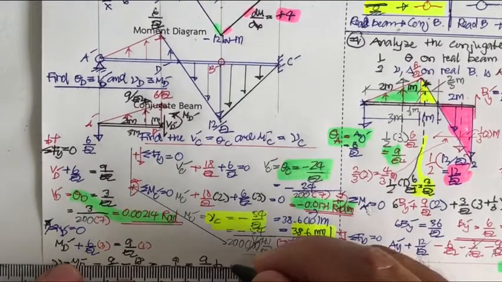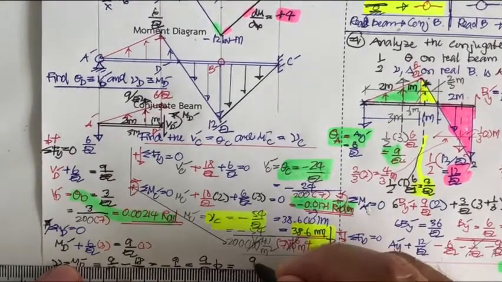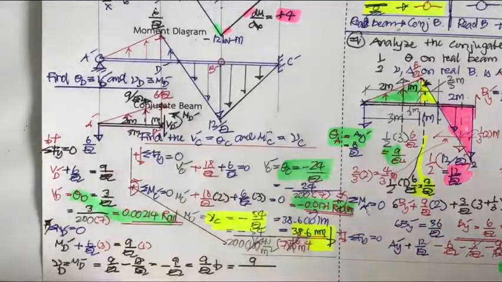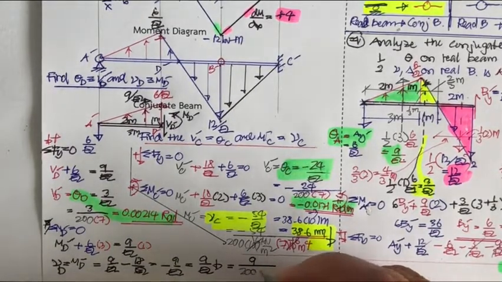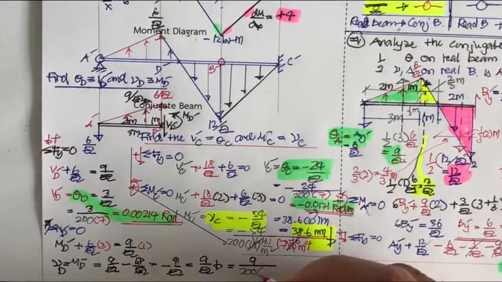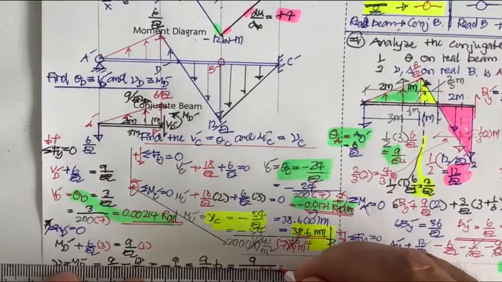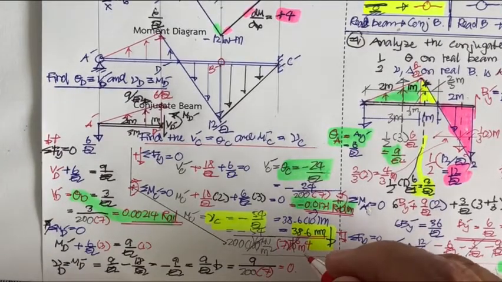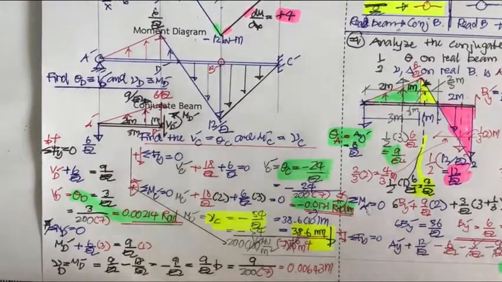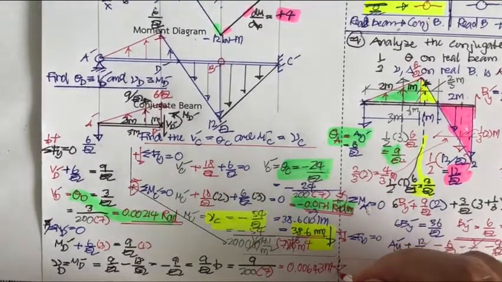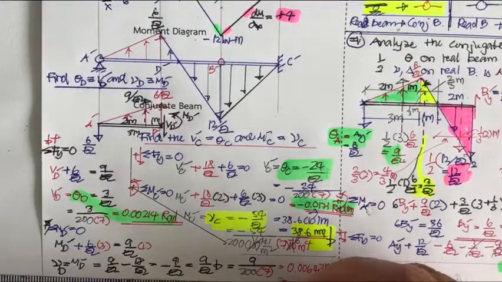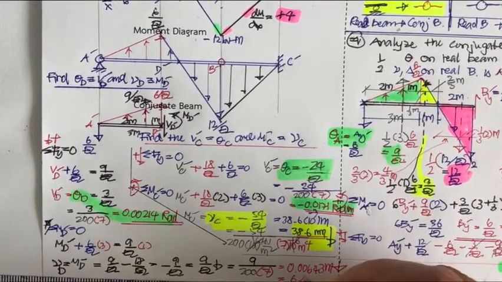And then if you push it into your calculator, divided by 200 and times 7, and then you got 0.00643 meter, and it's downward, or equal to 6.43 millimeter.